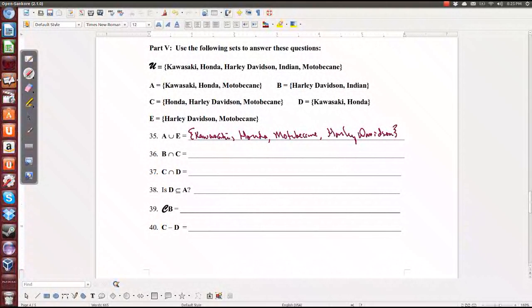And so this set is the combination of those sets that we've dealt with. I've got B intersect C, and intersection is a set that contains all elements found in both sets. So I want to know what's in both B and C. And looking at this, only Harley Davidson is in both of these sets. So I'm going to have the set that contains Harley Davidson.